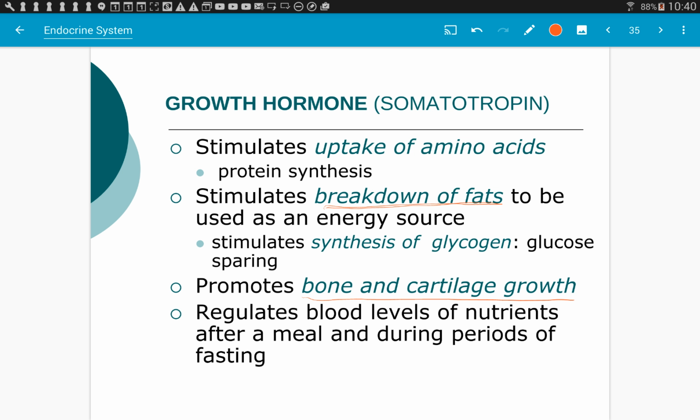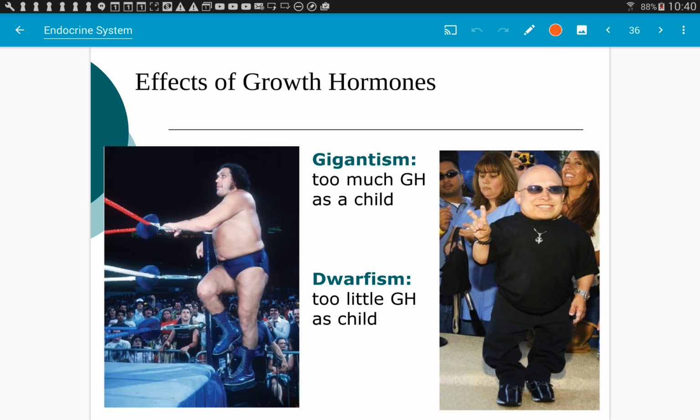Gentlemen, you continue growing up to about the age of 25. But even as an adult, you still release a little bit of growth hormone because it has helpful effects. We'll talk about some disorders associated with growth hormone. Oh, no, we're going to talk about it right now. So, effects of growth hormone.